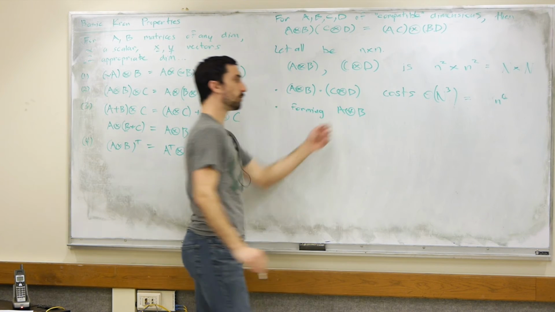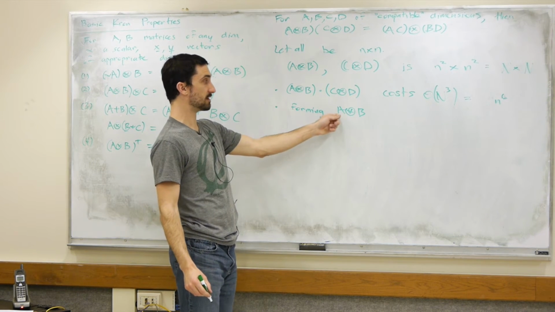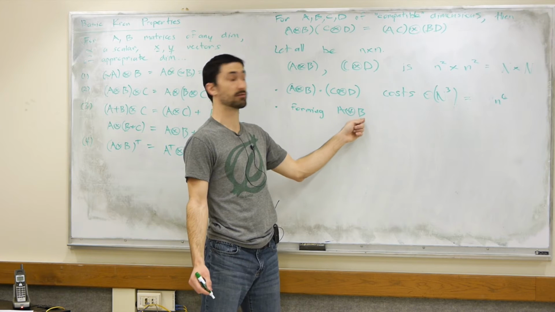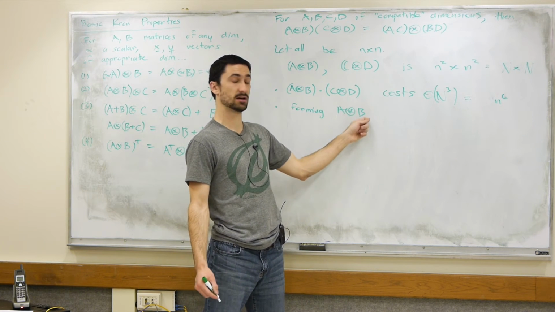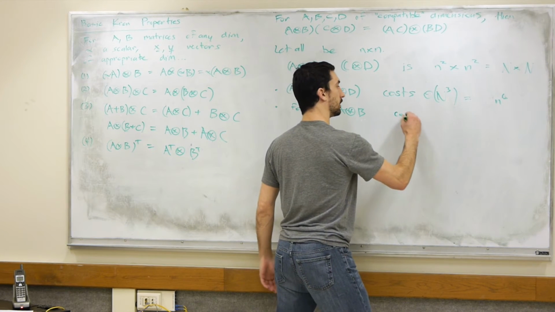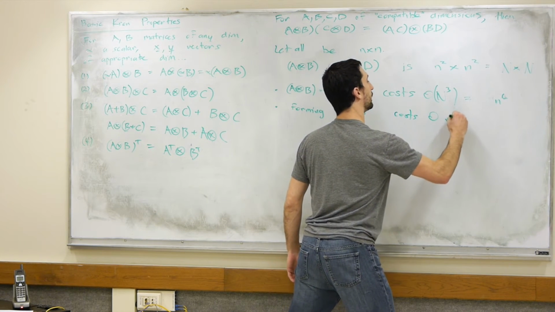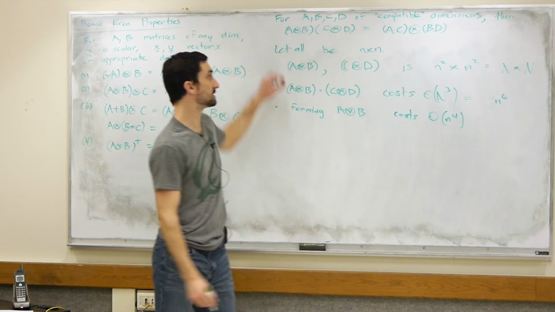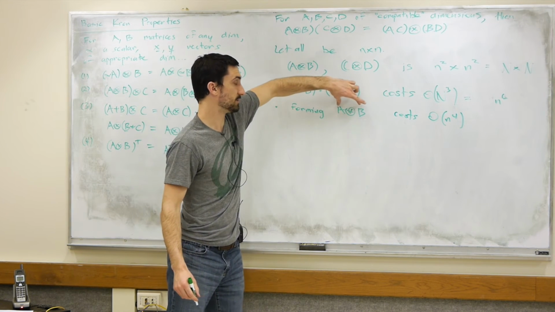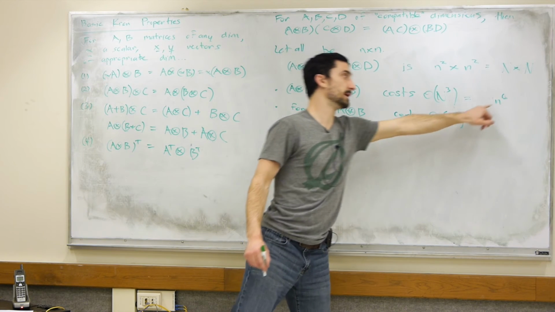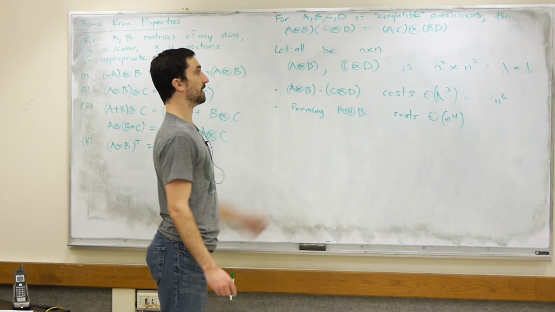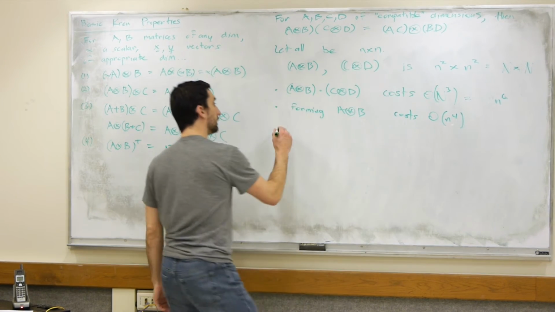To form this, you just need to take every entry of A and multiply each of them by every entry of B. There are n times n squared entries here and here, so there are little n to the fourth total entries in this matrix. And so forming those costs little n to the fourth, which is dominated by this.